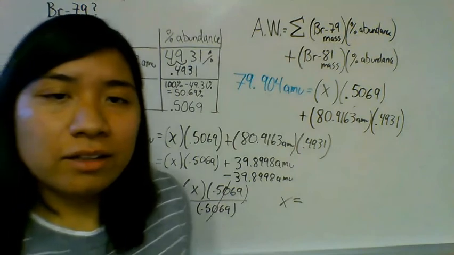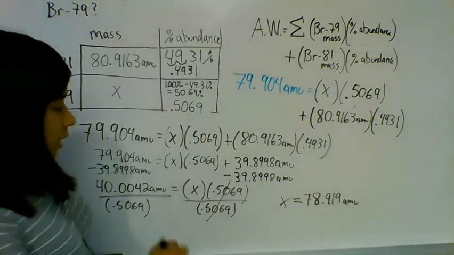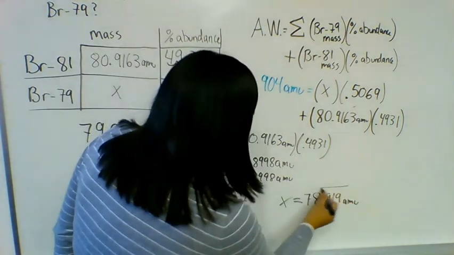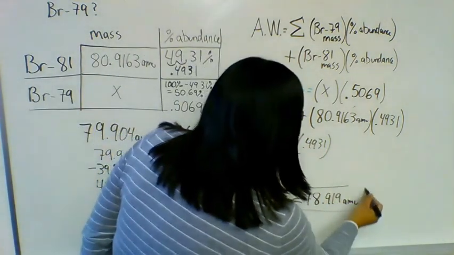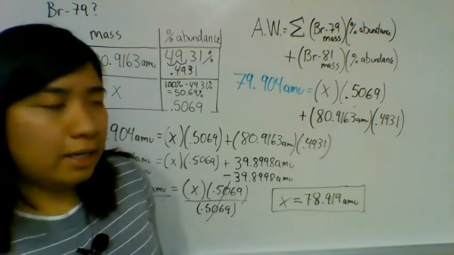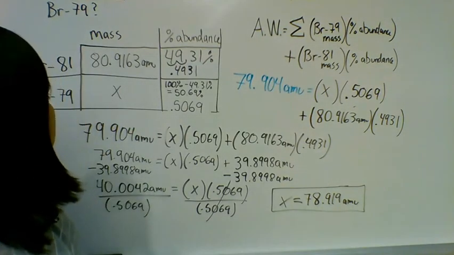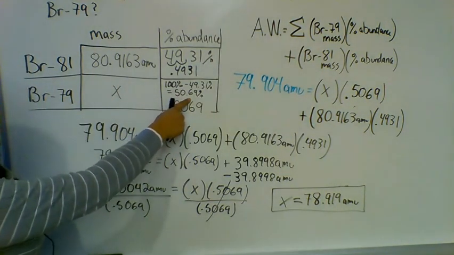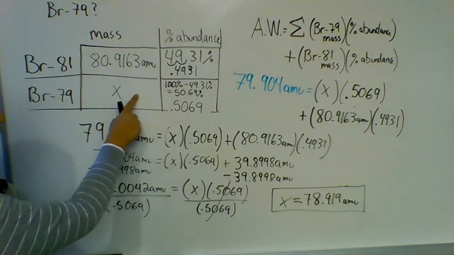Let's put that in the calculator and see what we get. Okay, after putting this in the calculator, I see that x is equal to 78.919 AMU. So that tells us that bromine 79 has a 50.69% abundance, and it has a mass of 78.919 AMU.